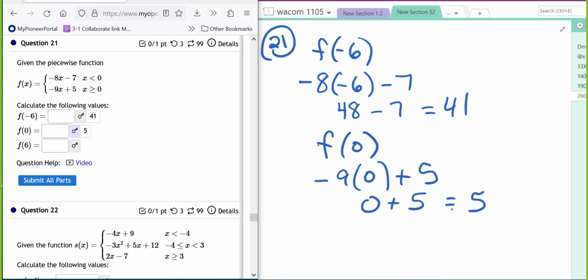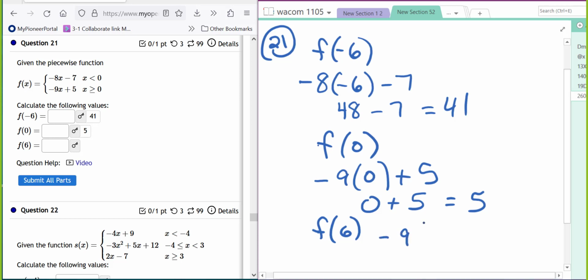Right? And then f of 6. Right? 6 is bigger than 0, so you have to use this rule. So negative 54 plus 5 will give us negative 49.